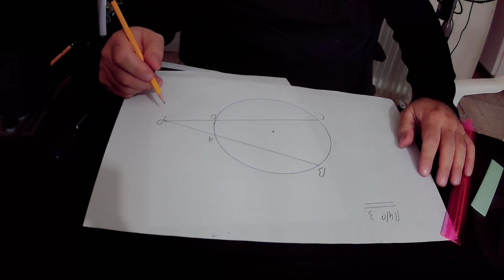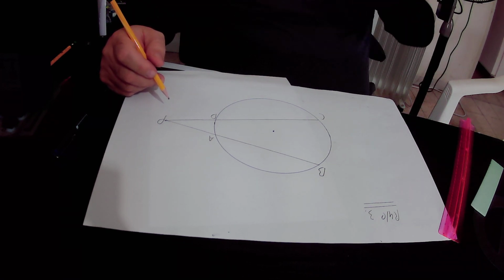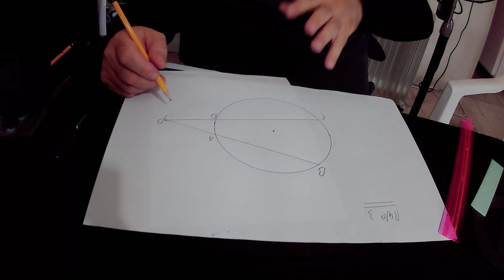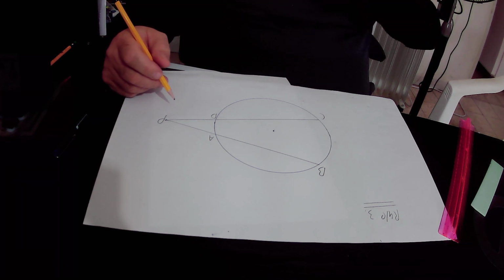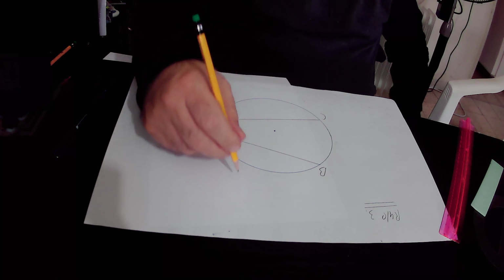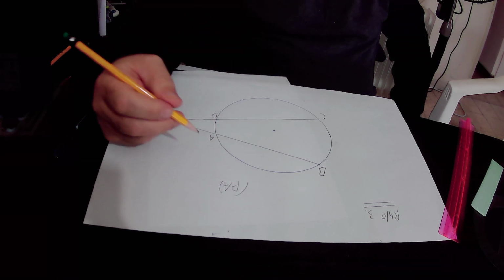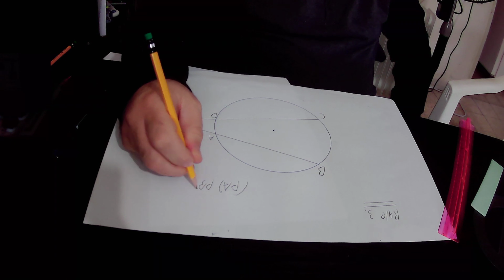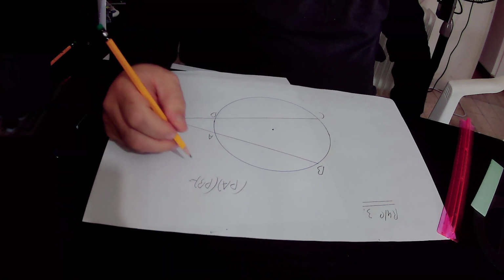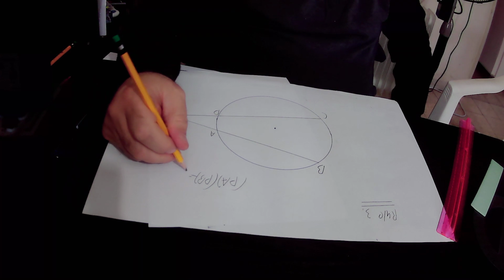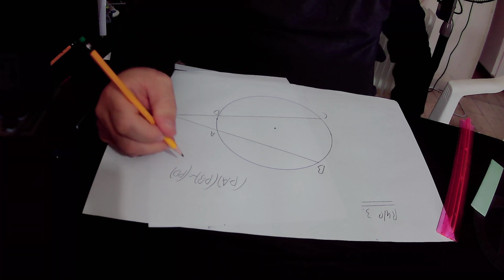According to this rule, the following relationship exists between the parts of the 2 chords: PA times PB equals PD times PC.